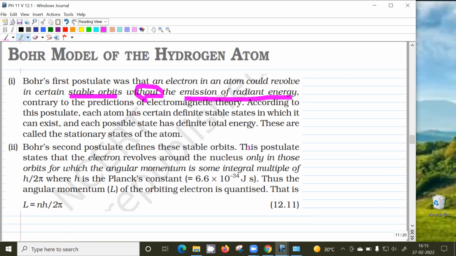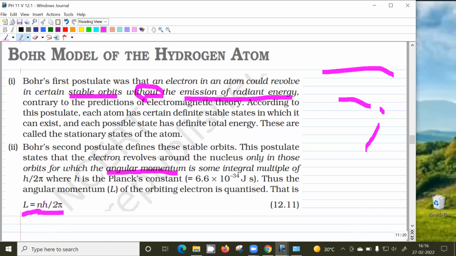And the second postulate is that, for these stable orbits, the electron cannot rotate at any arbitrary radius. The radius can have only specific values. That radius is decided by the condition that the angular momentum corresponding to this circular path should be n times h by 2 pi.